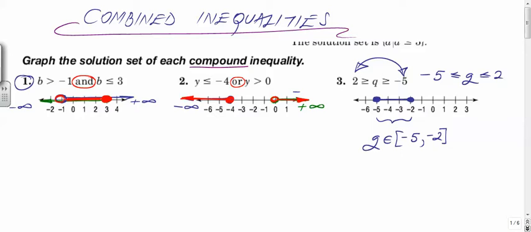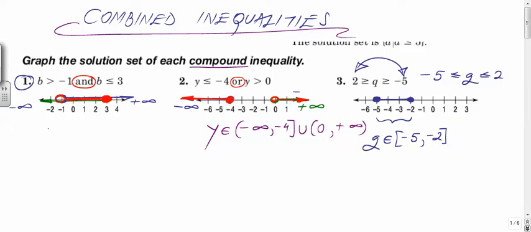For number 2 here, I can write that as what? y would be an element of the interval from negative infinity to -4, the union of this interval with the other interval, which will be all the numbers from 0, and as you can see, I'm using a round parenthesis here that will exclude 0 from my solution set, to positive infinity.